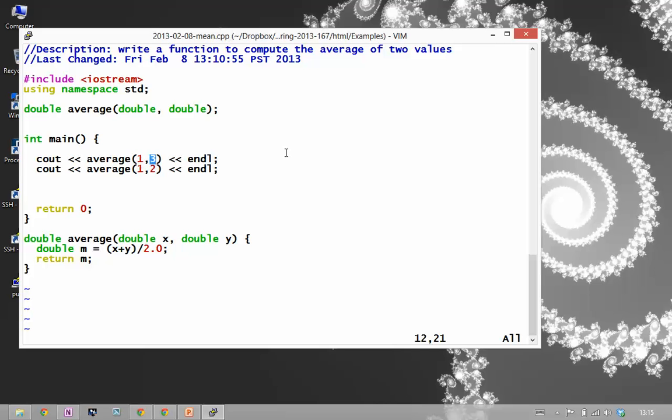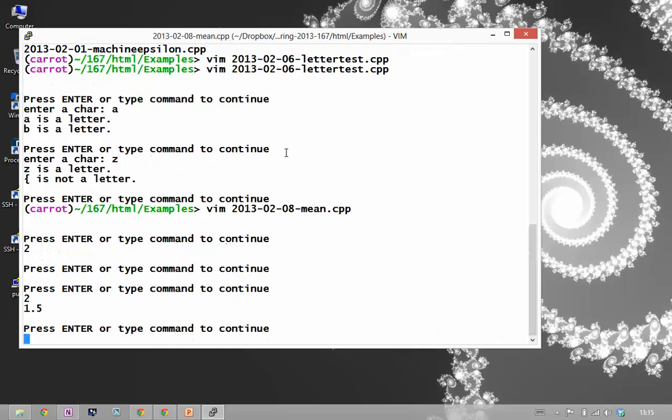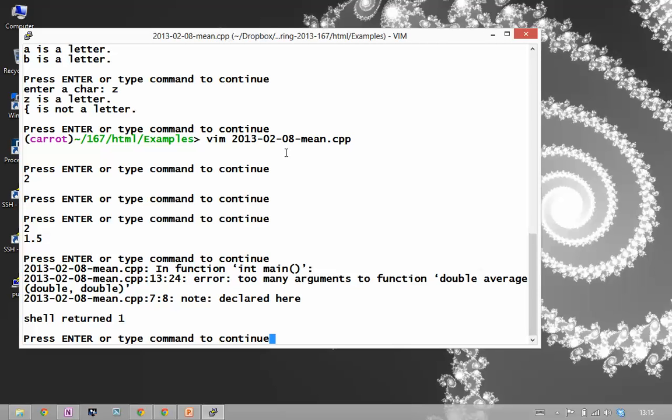Look at what happens if I try to do, say, 3 things. That's kind of weird. It says there are too many arguments for the function double average(double, double). And it tells you where the error occurred, line 13, and it tells you where the function was actually declared, in case you're interested in that as well.